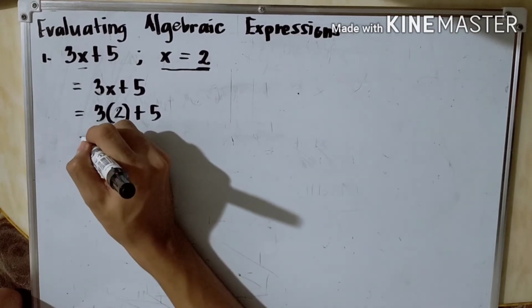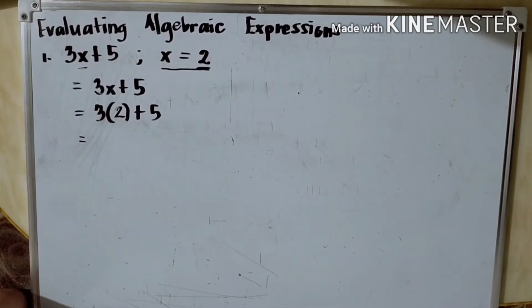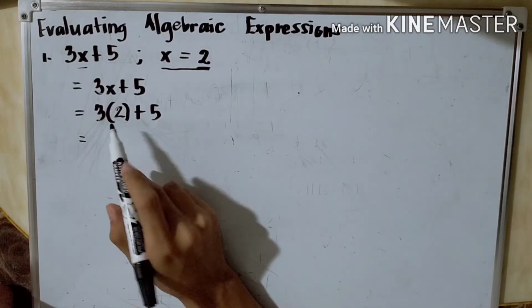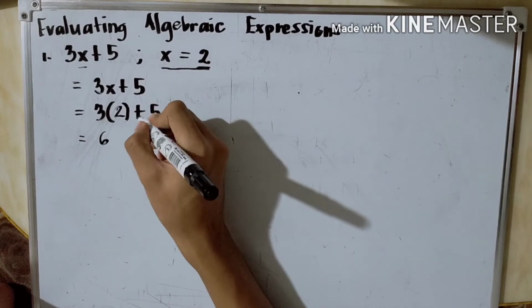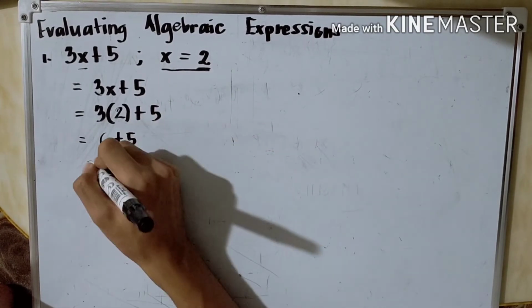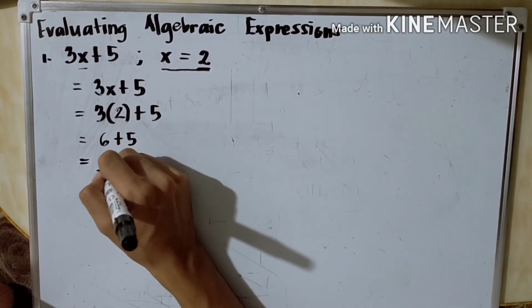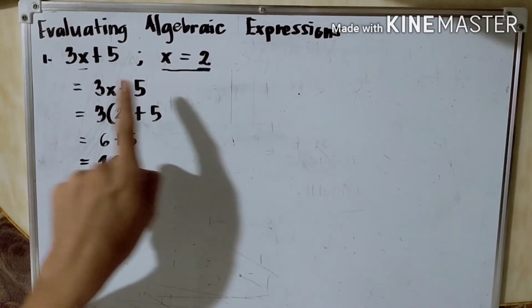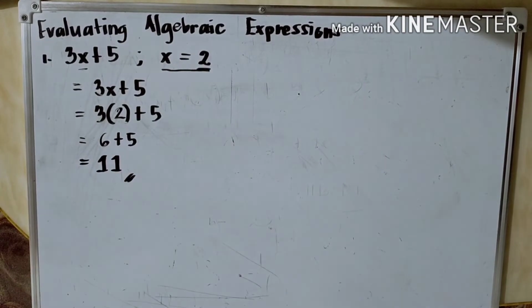Therefore, according sa ating PEMDAS rule, laging una ang multiplication than addition. So, 3 times 2 is equal to 6. Then, plus 5, that is equal to 11. Therefore, if x is equal to 2, then 3x plus 5 is equal to 11.